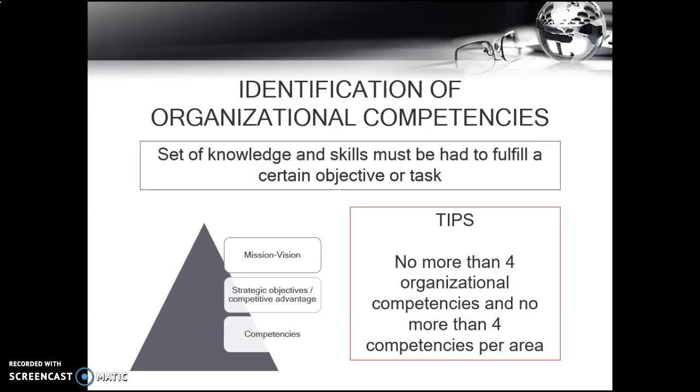Then, to define the competence of the organization, it will be necessary to take into account the vision and mission of the business, the attributes of value and competitive advantage to offer, and the strategic objectives of the project.